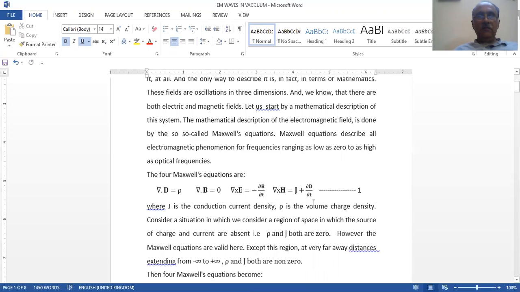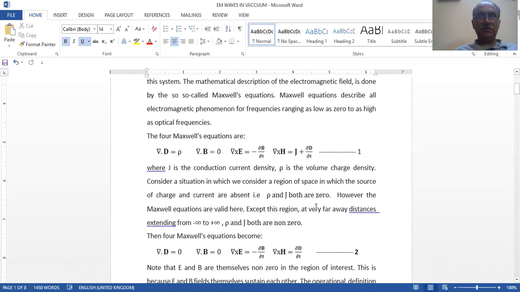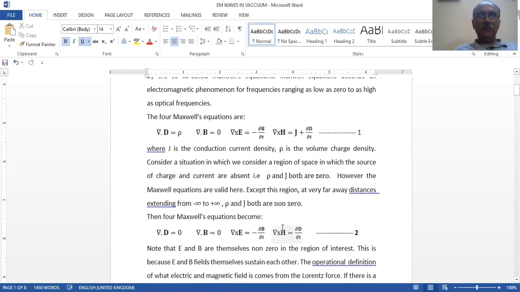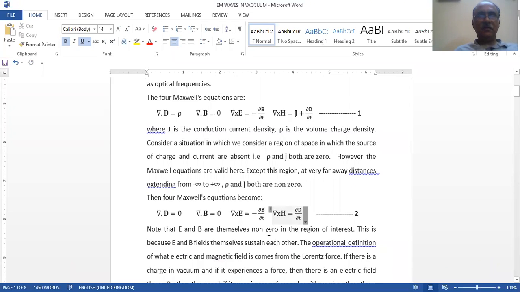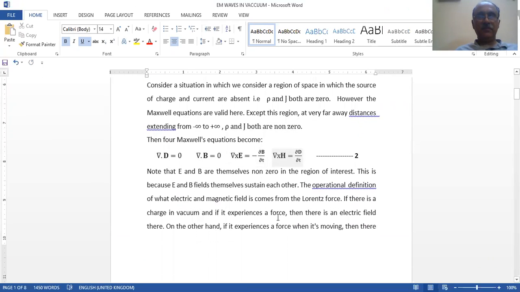We should understand that except for this region in which rho and J are zero, at very far away distances, extending from minus infinity to plus infinity, rho and J are both non-zero. So the four Maxwell equations become divergence of D equal to 0, divergence of B equal to 0, curl of E equal to minus del B by del t, and the modified Ampere's law remains the same.